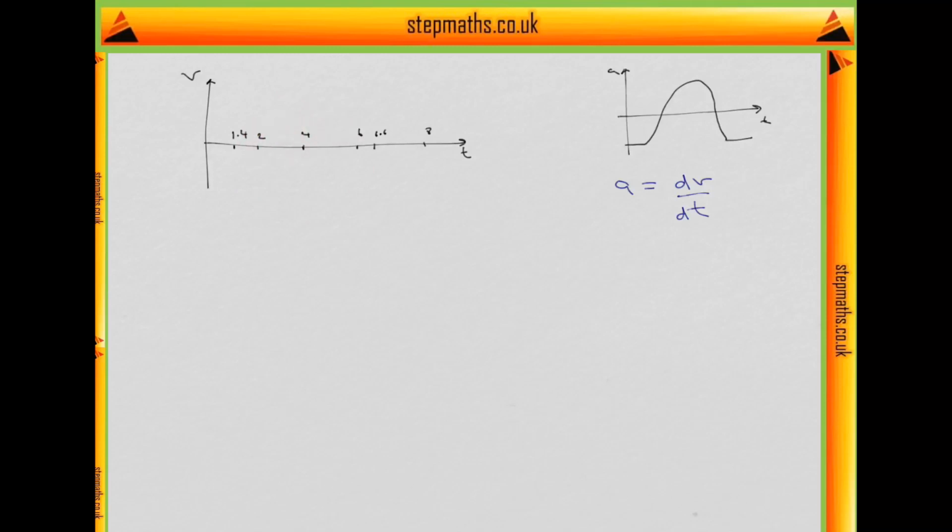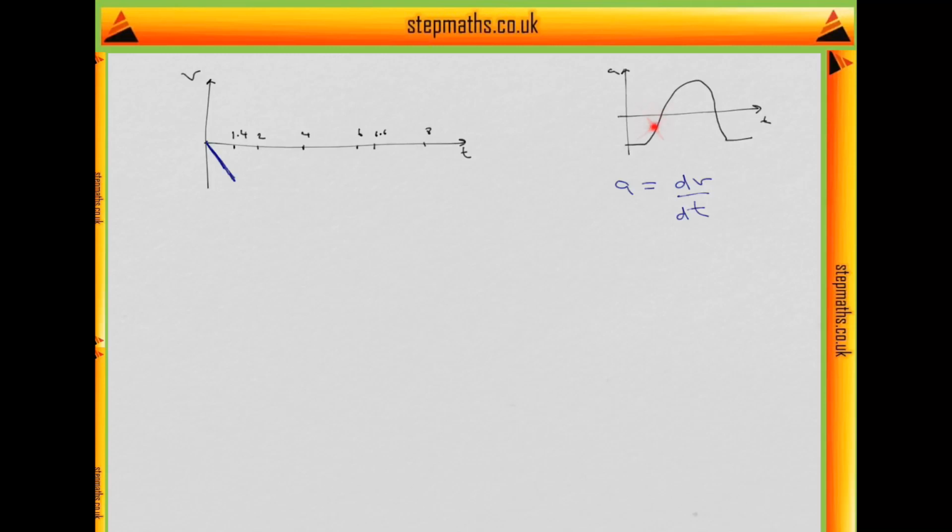So we have here, up to 1.4, that the gradient is constant. And we know that it's negative. So that means that we're going to decrease linearly downwards in a straight line up to 1.4 seconds.